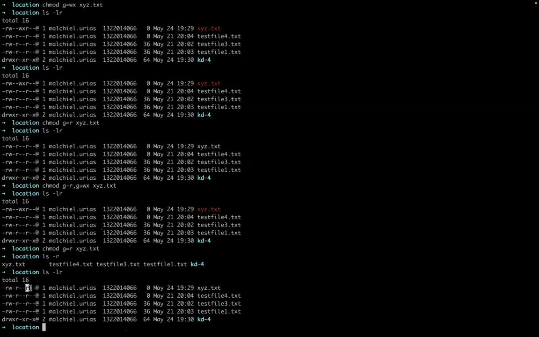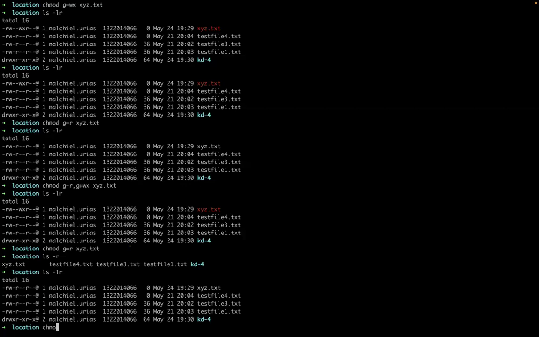For this file, I want everybody to have read and write permissions apart from others. Okay, no, let me change that. I want the user to have read, write, and execute permissions. I want the group to have read and write permissions, and I want others to have just read permissions.